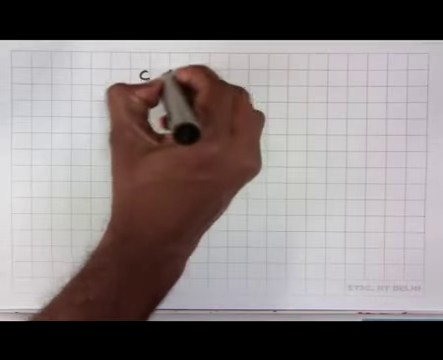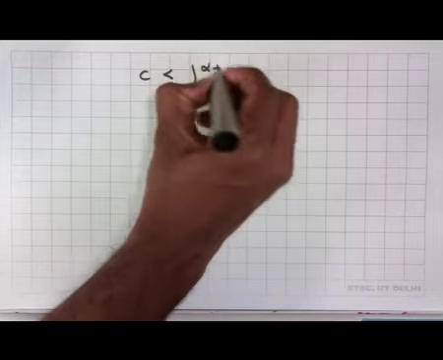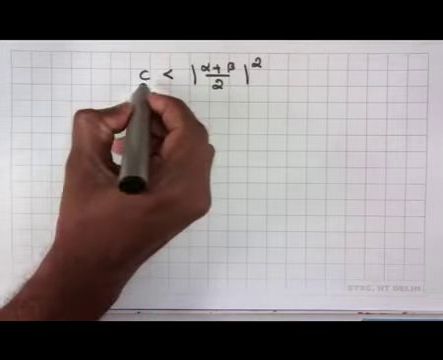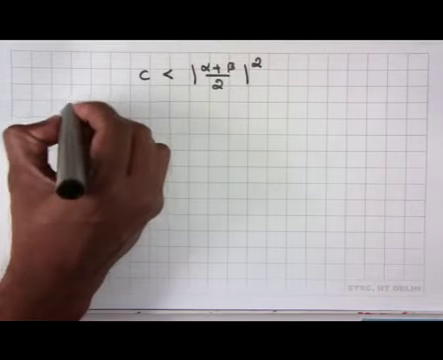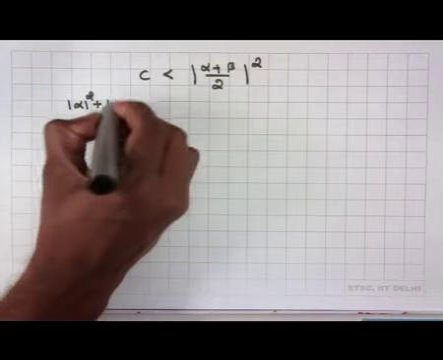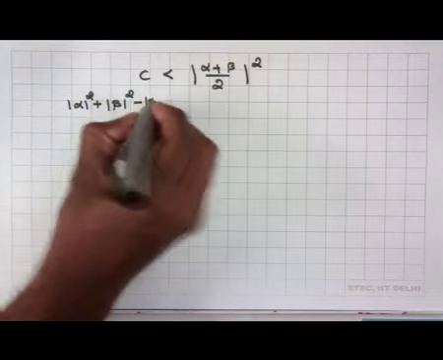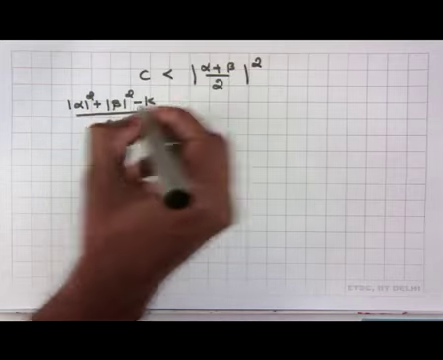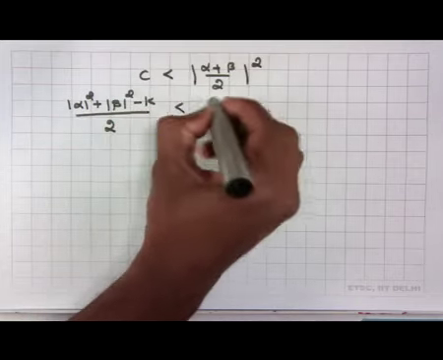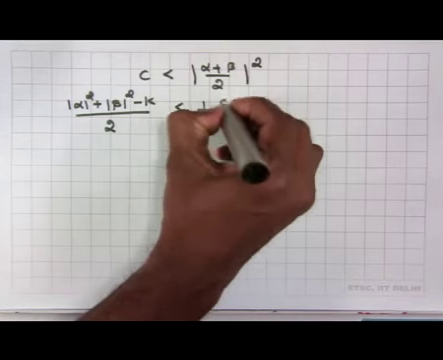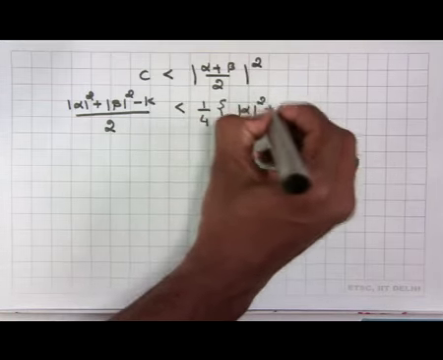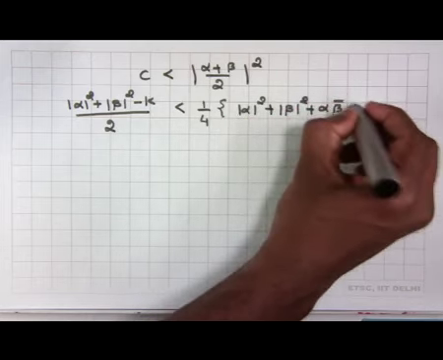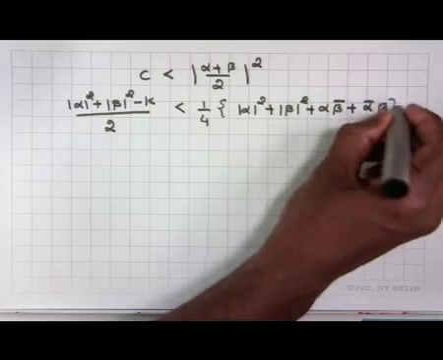So c is less than |(α + β)/2|². Recall what c is: c is |α|² + |β|² − k, and we divided by 2 for the whole expression. So c is this, and it is less than 1/4 of |α|² + |β|² + αβ̄ + ᾱβ.